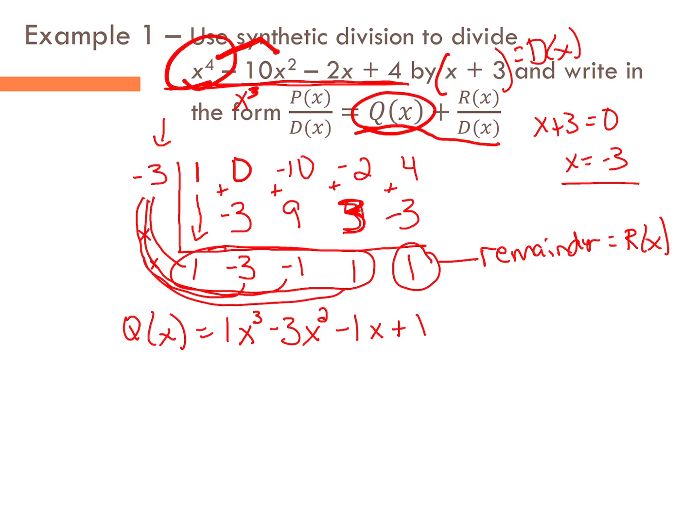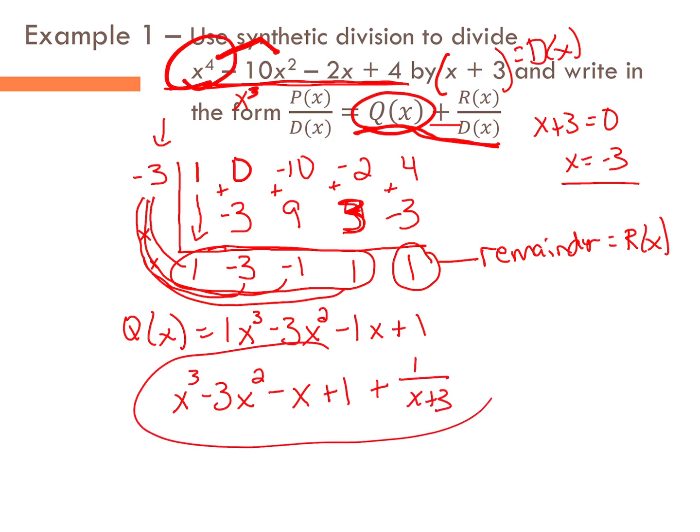Your last one will never have a variable with it. So there's our q of x. If we write it in the form that it wants up here, it wants our q of x, so x cubed minus 3x squared minus x plus 1, and then plus our remainder, which is 1, over our divisor of x plus 3. This would be our final answer.